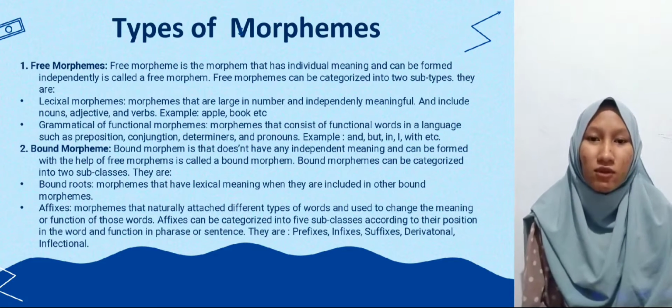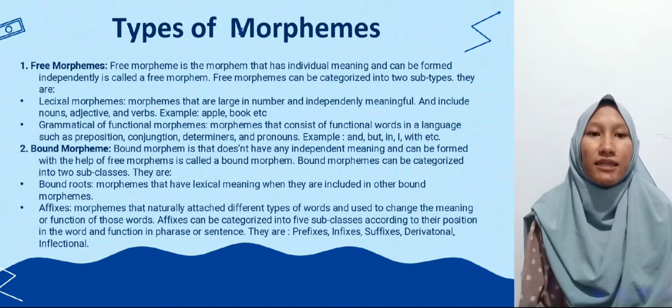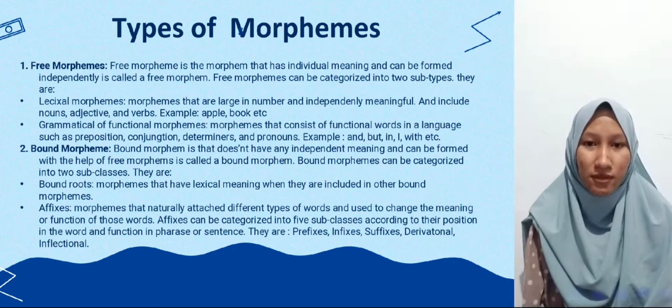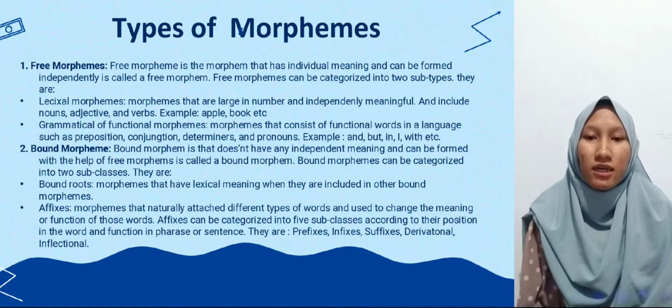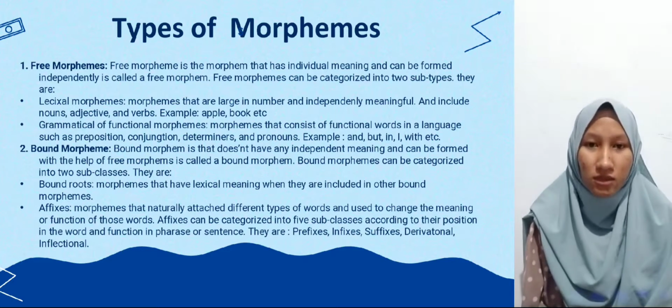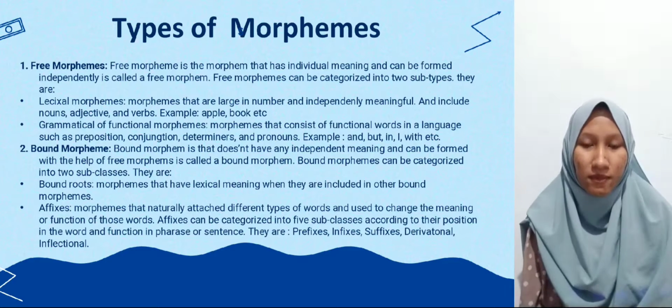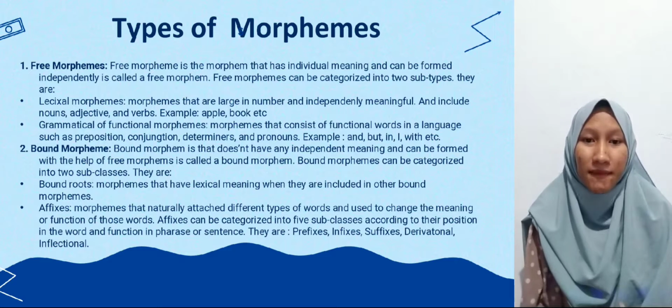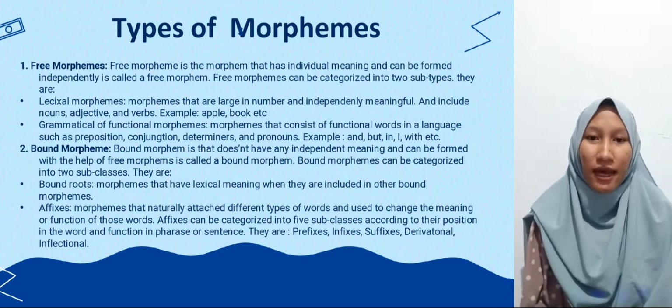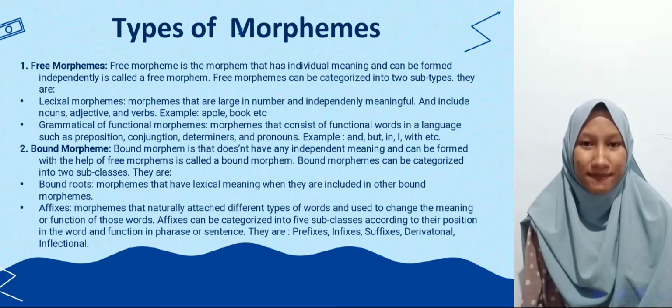A lexical morpheme has lexical meaning and is independently meaningful. This morpheme includes nouns, adjectives, and verbs. For example, make, book, happy, and etc.